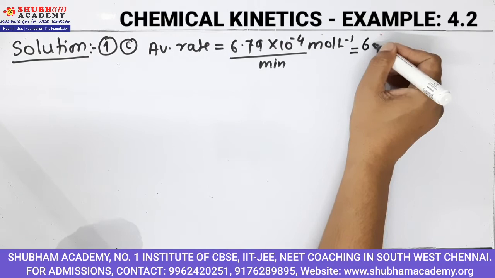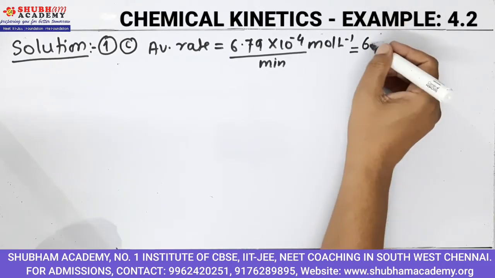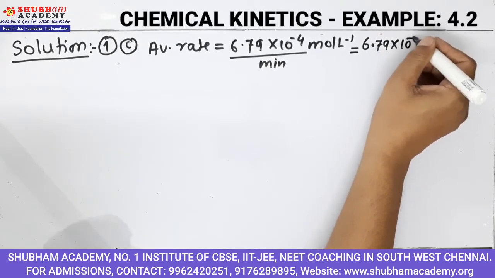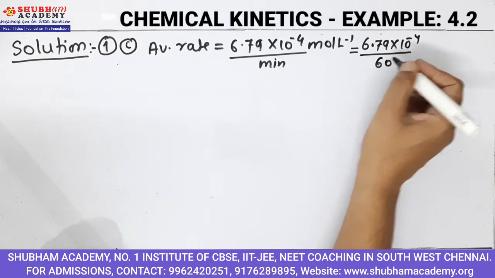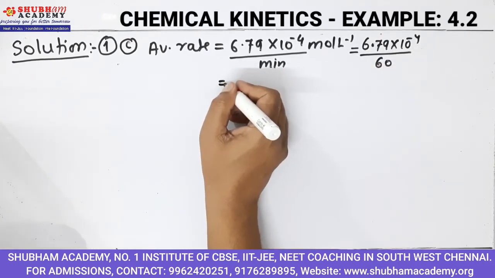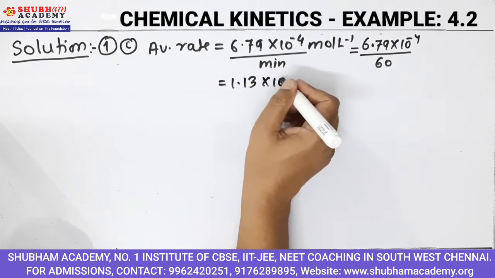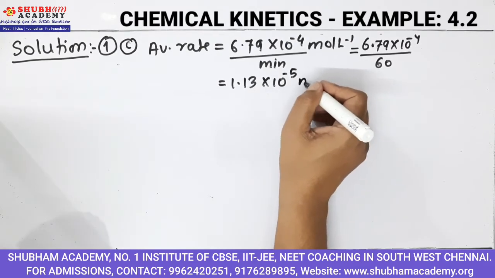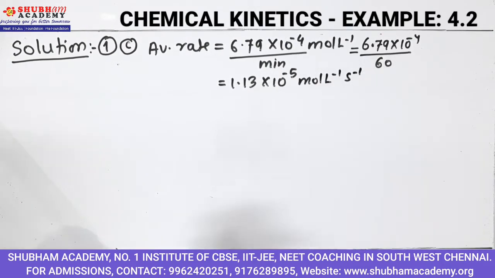So, this 6.79 into 10 power minus 4 divided by 60, right. So, our final answer will be 1.13 into 10 power minus 5 and unit mole liter inverse second inverse, right. This is first part over.